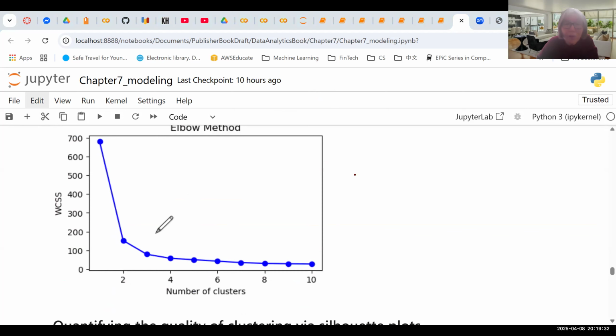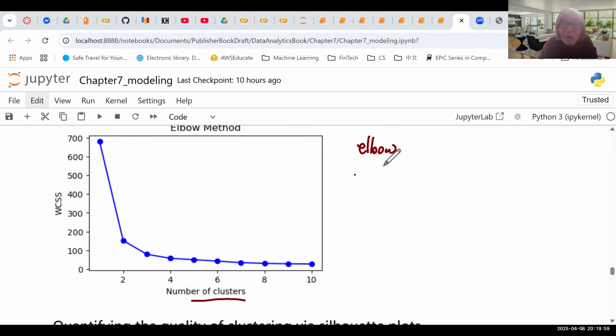So you see, the x-axis is the number of clusters. Okay, we have 1 cluster to 11, is it? And the y value is the inertia value. So the elbow method means the optimal point is at the elbow. So this looks like an elbow, is it?